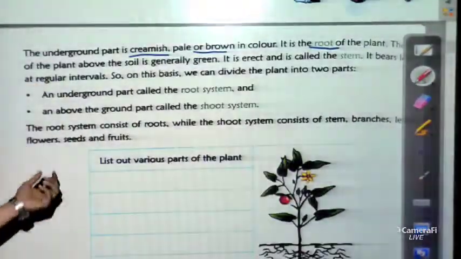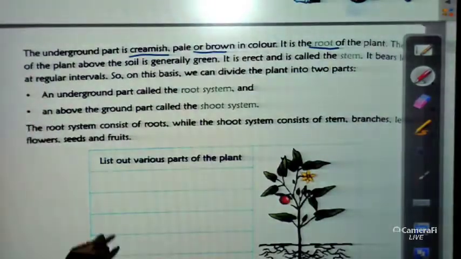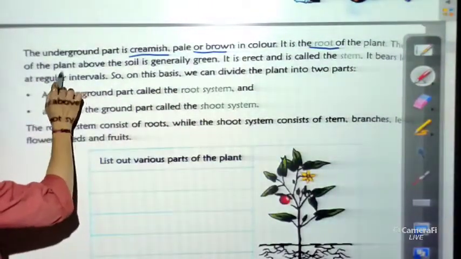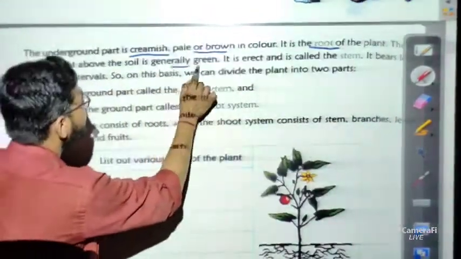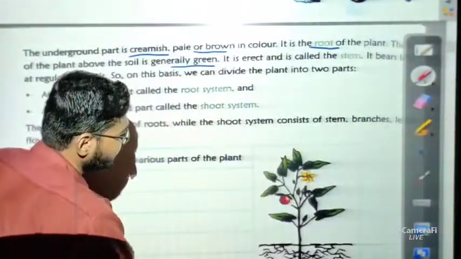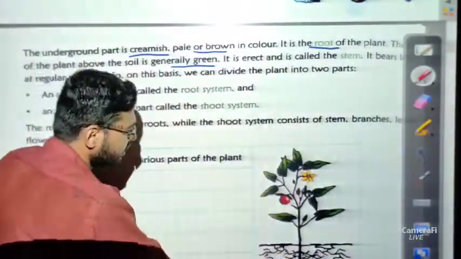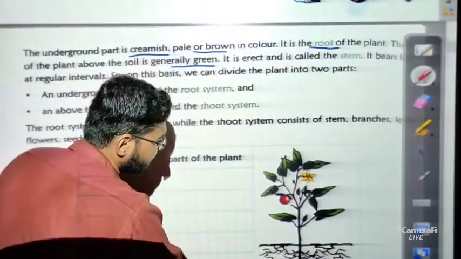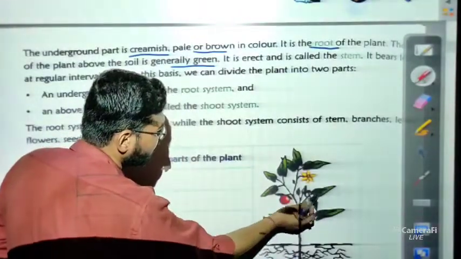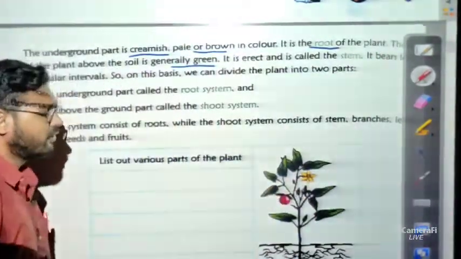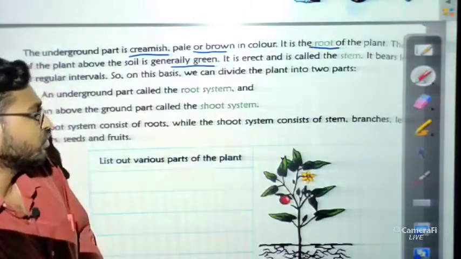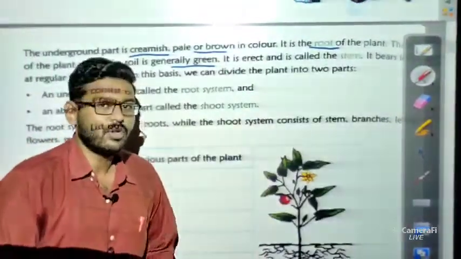The upper part of the plant, above the soil, is generally green. You can see the picture here. The lower part is brownish in color and the upper part is green, because all of us know that in most cases plants or leaves are green.